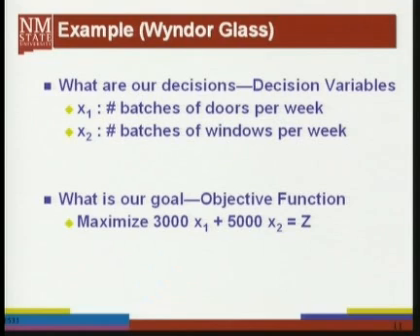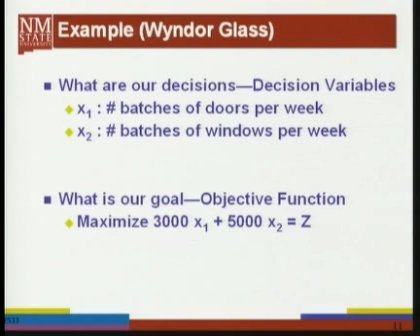So if we set G equal to the total profit per week, in $1,000, then our objective function would be maximize 3,000 times x1 plus 5,000 times x2, right?